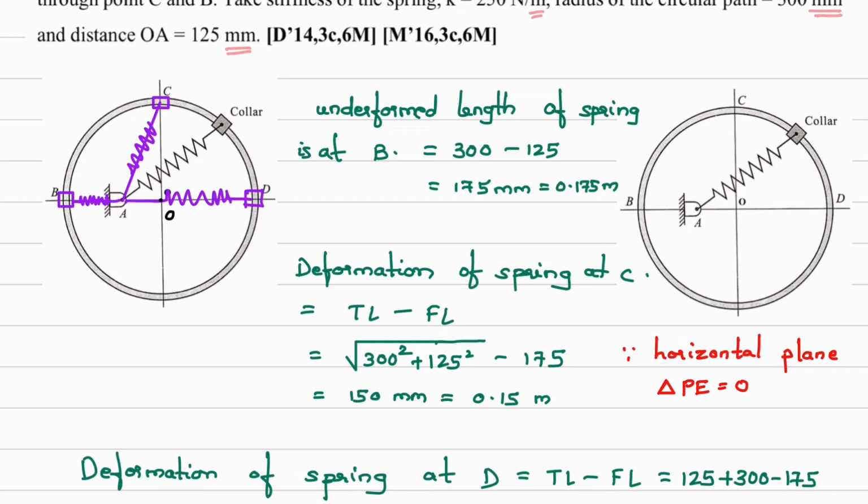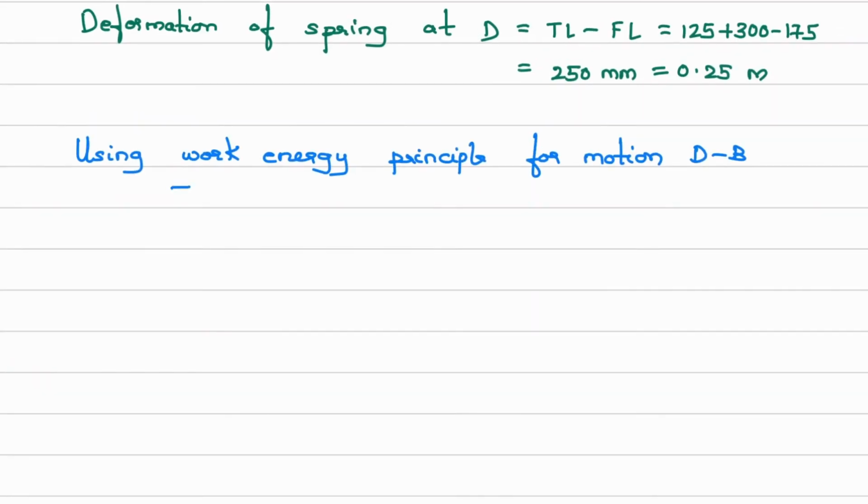What is the equation now? Summation of work done is equal to change in kinetic energy. Now work done, we have only work done because of spring force. So it will be half K (x1 square minus x2 square). What is x1?